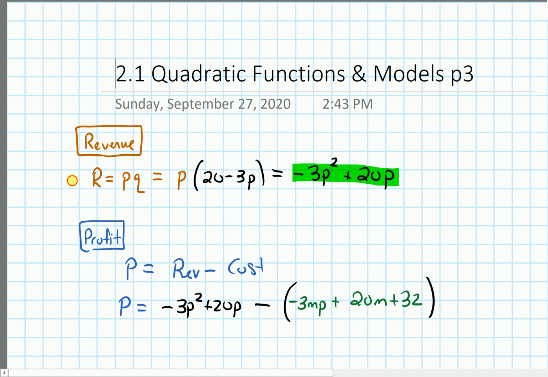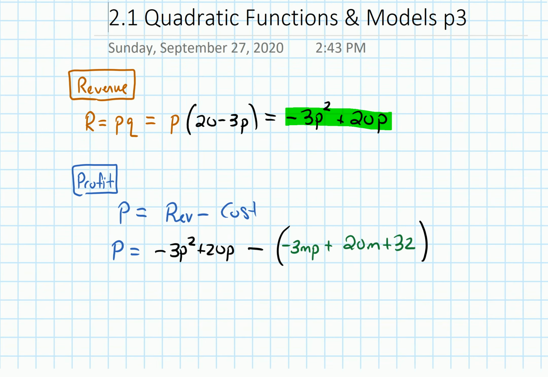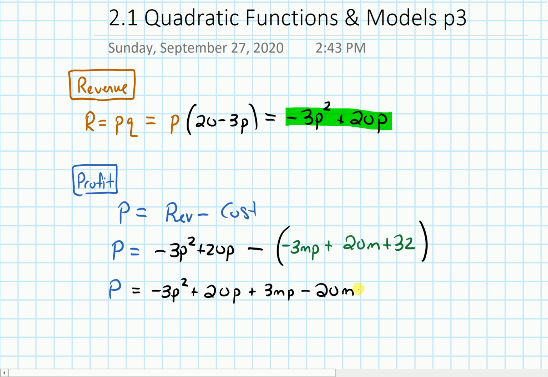All right, so now let us distribute that negative sign into the parentheses and see if there are like terms we can combine. So we get capital P, profit, equals negative 3 little p squared plus 20 little p. Distributing the negative sign, we get plus 3mp minus 20m, and then minus 32.